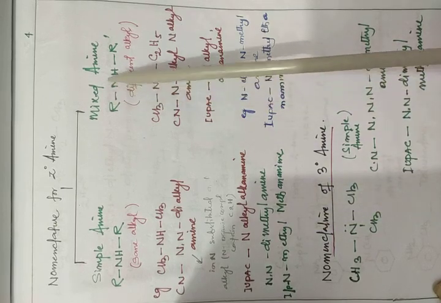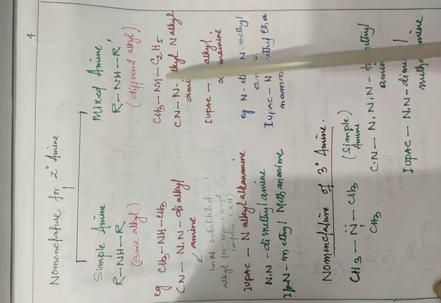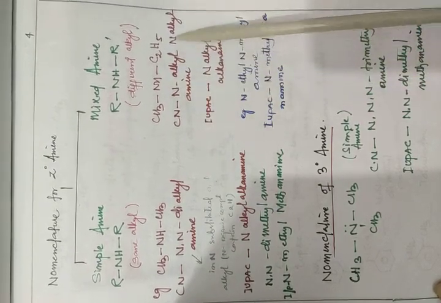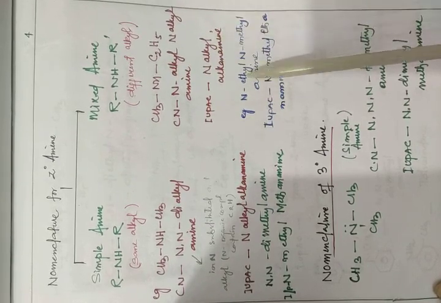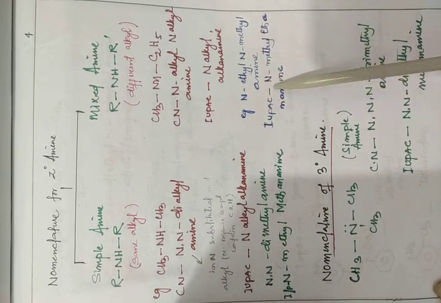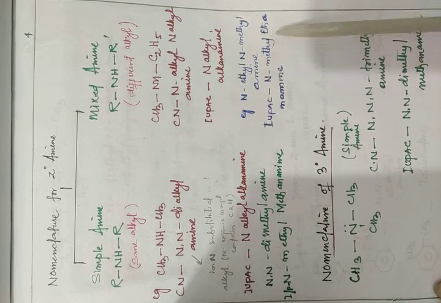Now another one we say mixed. Mixed means different groups. Now here CH3 is there, then here C2H5 is there, then N-alkyl alkanamine. In IUPAC name, N-alkyl alkanamine. So example: N-ethyl methyl amine. Now IUPAC: N-methylethanamine. We will call it like this.